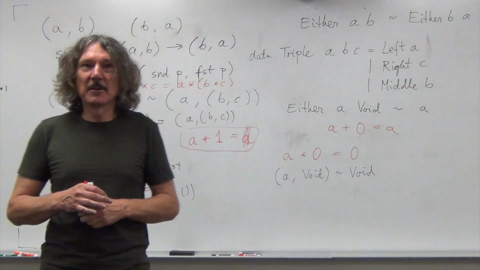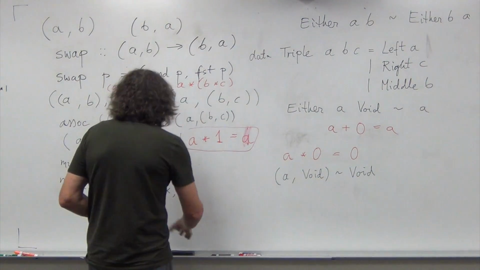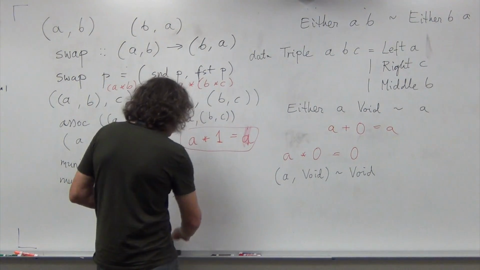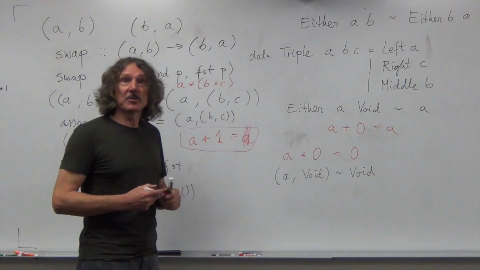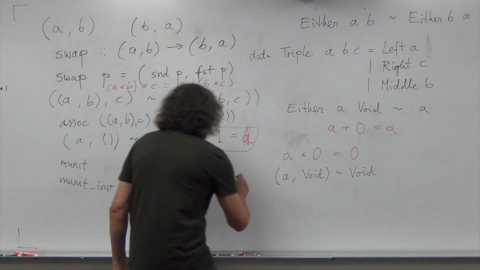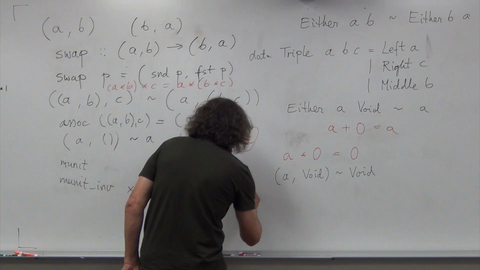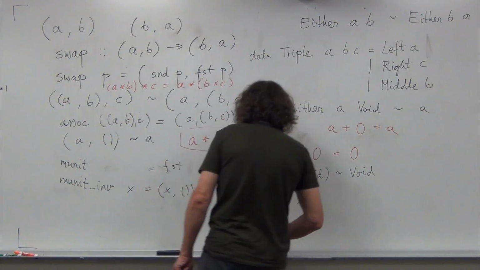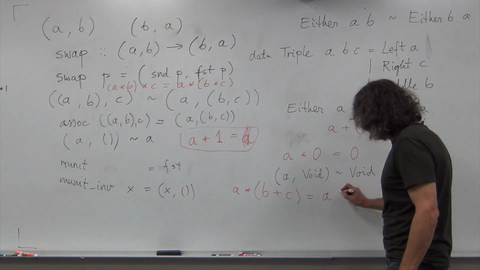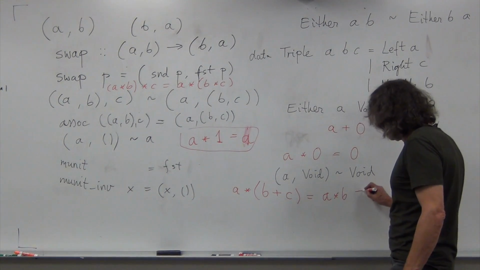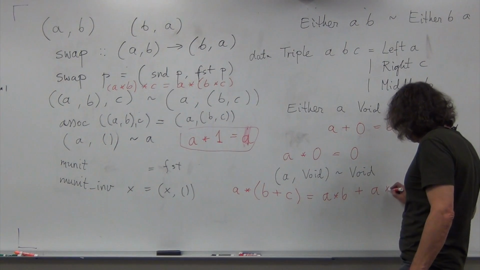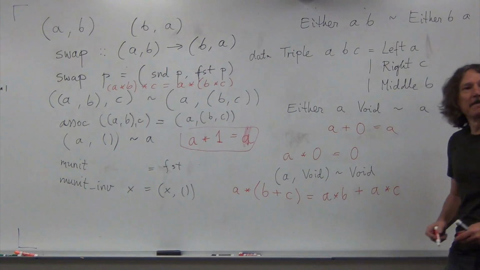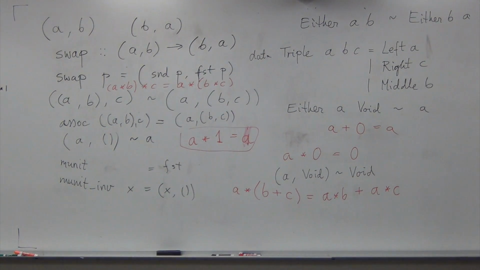What else do we know from algebra? Well, there's the final thing. It's the distributive law, right? So A times (B plus C) should be A times B plus A times C. Is that true?